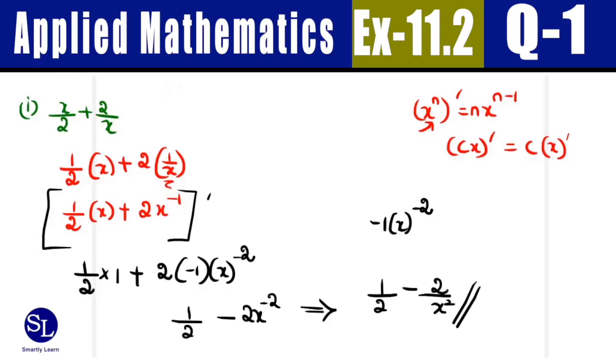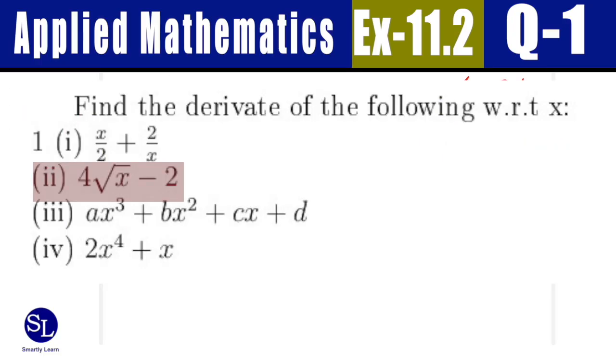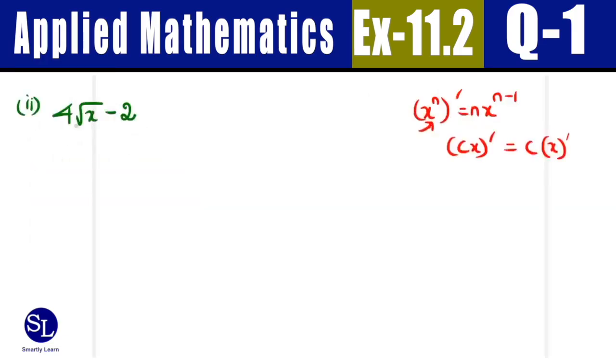Now let's take up the second subdivision, that is 4 root x minus 2. In order to differentiate, I'm going to write root x as x power half. So 4 into x power half minus 2. I need to differentiate this particular input function. We know that 4 can be taken outside the differentiation. So 4 into differentiation of x power half, where n here is half.